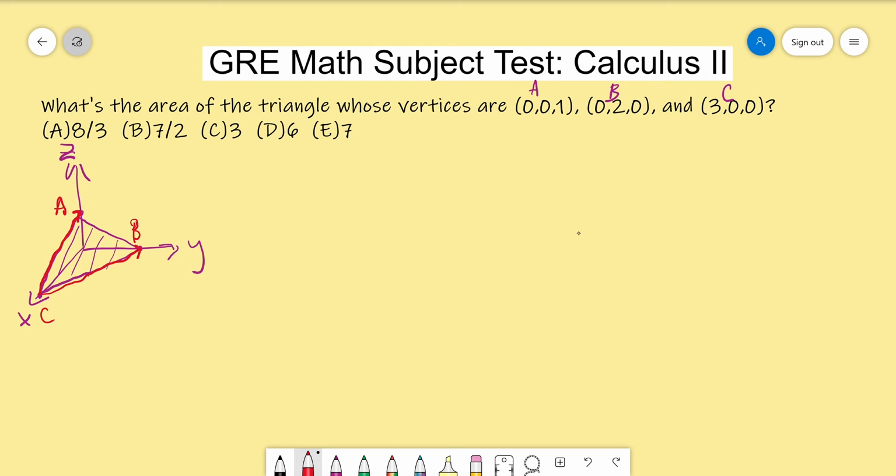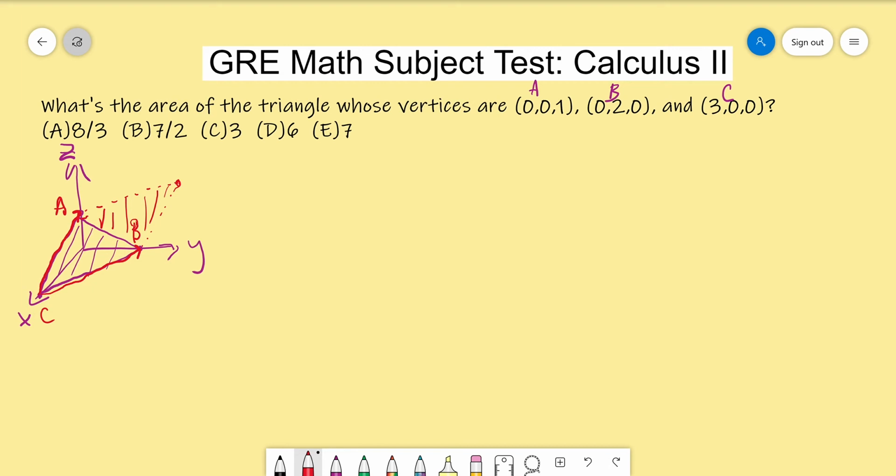In other words, if I draw another triangle over here, then the magnitude of the cross product of these two vectors is going to be the area of this parallelogram, which is exactly double the area of the triangle that we're interested in.